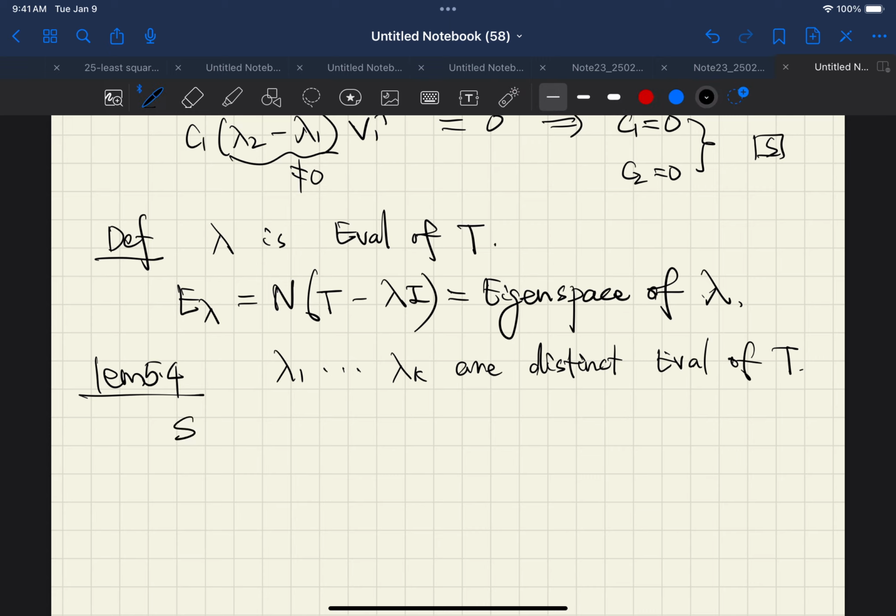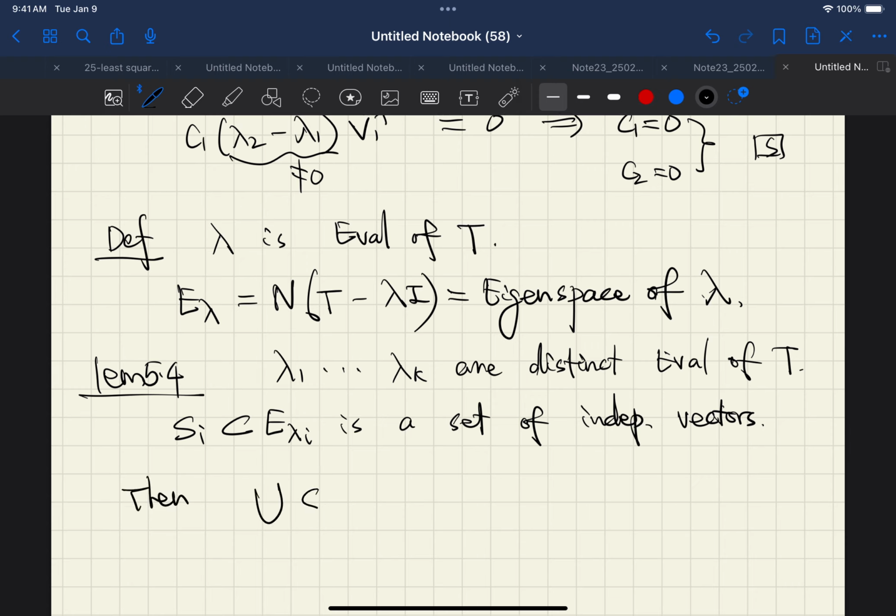So let's say S_i, from E of lambda i, is a set of independent vectors. Then when you put them together, it automatically gives a linearly independent set.